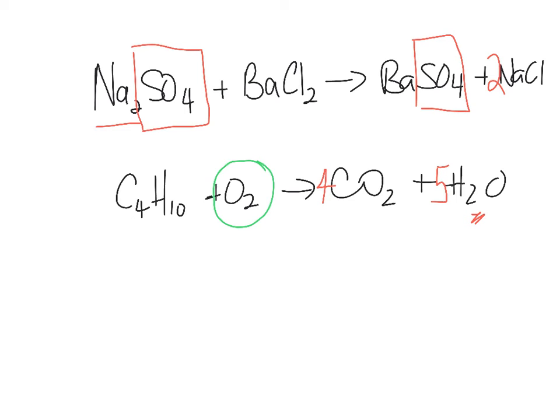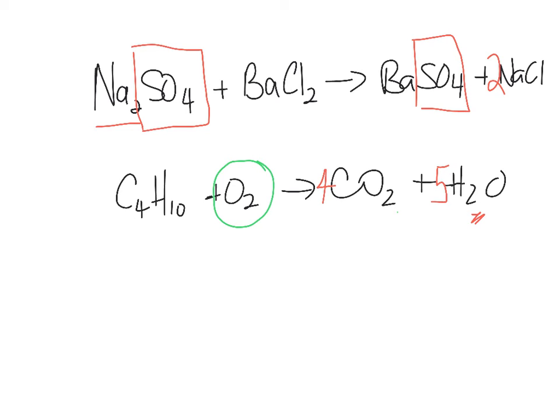This is going to be needed to be balanced, but you're always going to end up with an even number. Because whatever number it is, you multiply it by 2. Therefore, on the right-hand side, you're also going to have to end up with an even number.